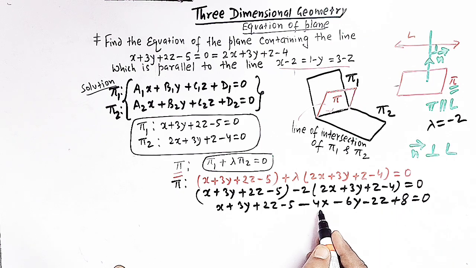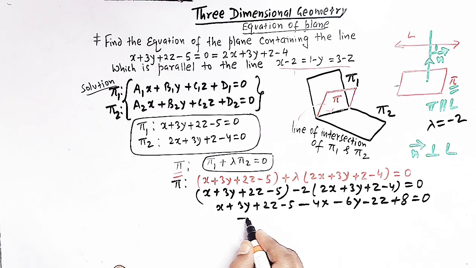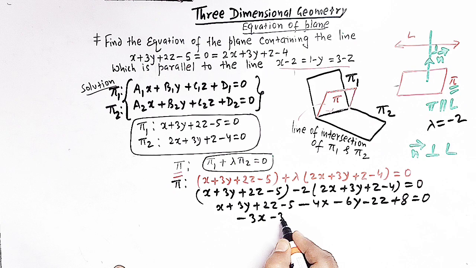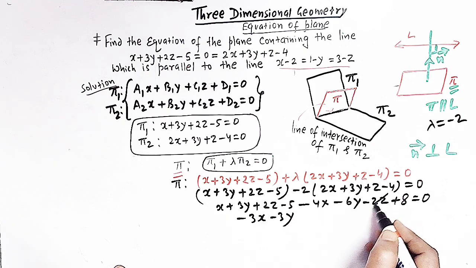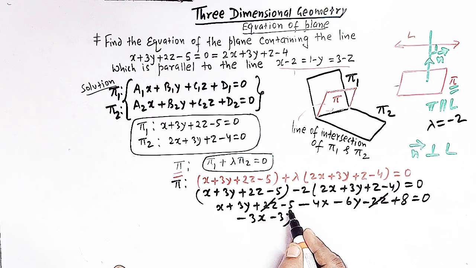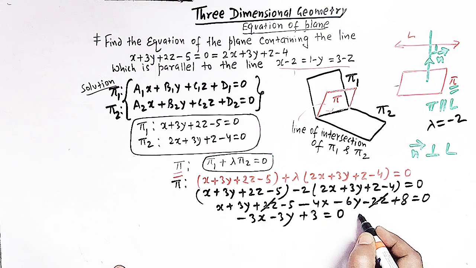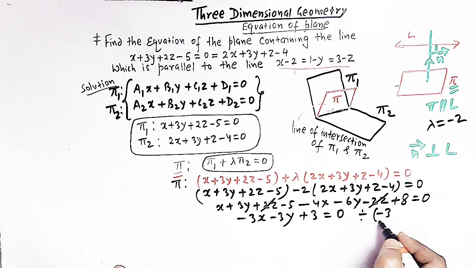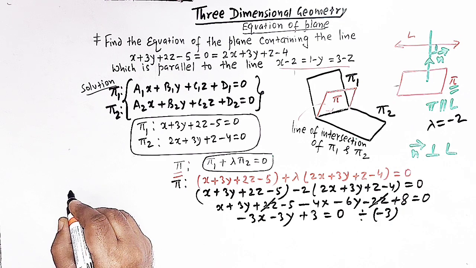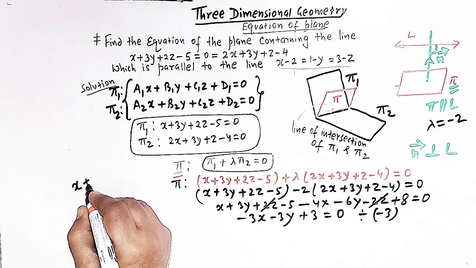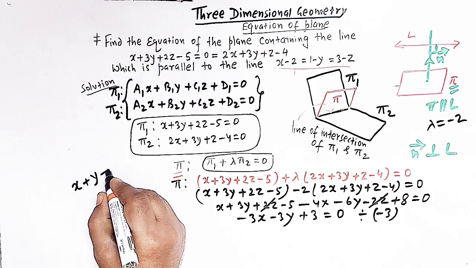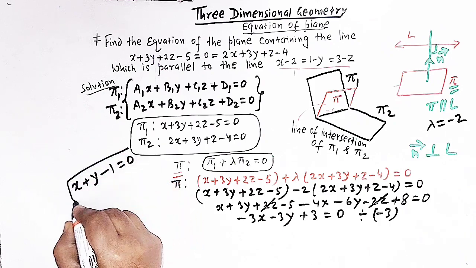So x minus 4x is minus 3x, and 3y minus 6y is minus 3y, and then 2z and minus 2z get cancelled, and here we have minus 5 plus 8 is 3. So dividing both sides by minus 3, we can now write this equation as x plus y minus 1 is equal to 0.